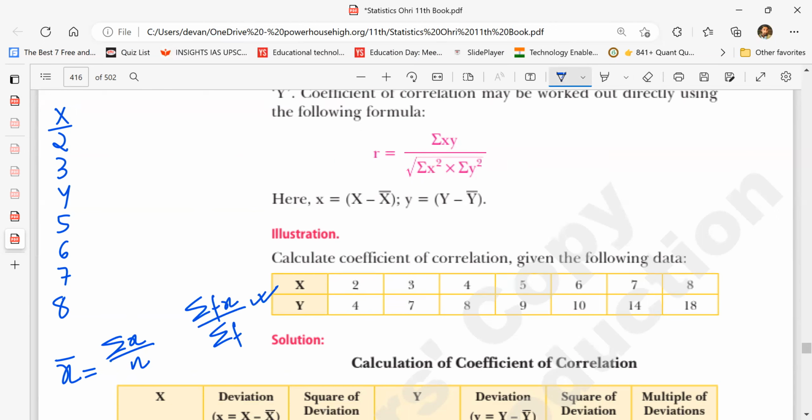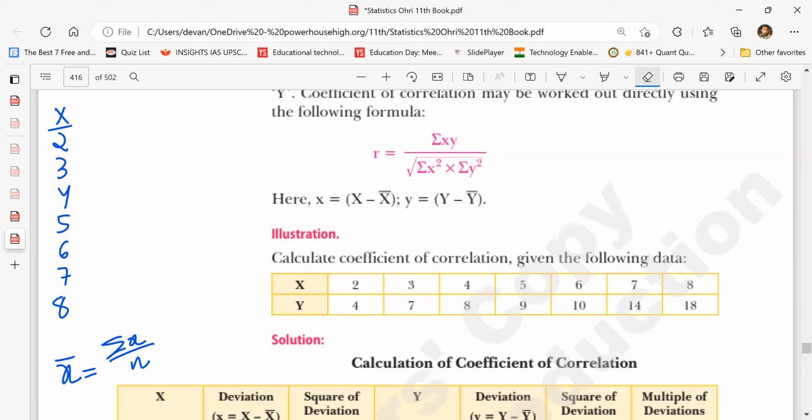That is for a discrete series, but this is an individual series. Here the data is single individual data. So the formula here will be summation x by n, meaning that you will add up all of these values and divide by the number of values, normal average.